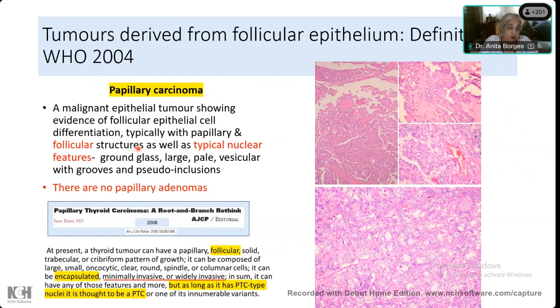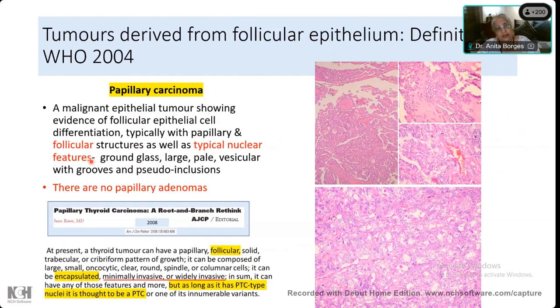And we have defined what a follicular pattern is, and that follicular pattern is, as Deepak had said, a ring of nuclei, cuboidal or low columnar or sometimes columnar. And in the center, there may be little or a lot of colloid. But what really defines this papillary carcinoma, and we still believe it today, except for some exceptions which we will talk about, is typical nuclear features.